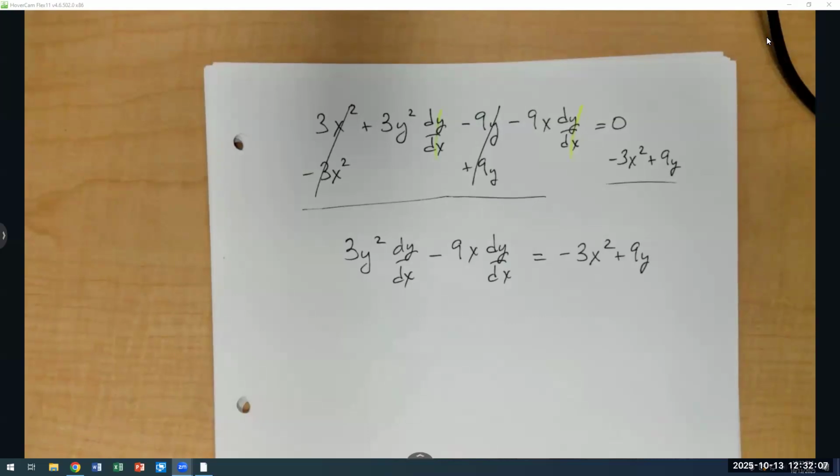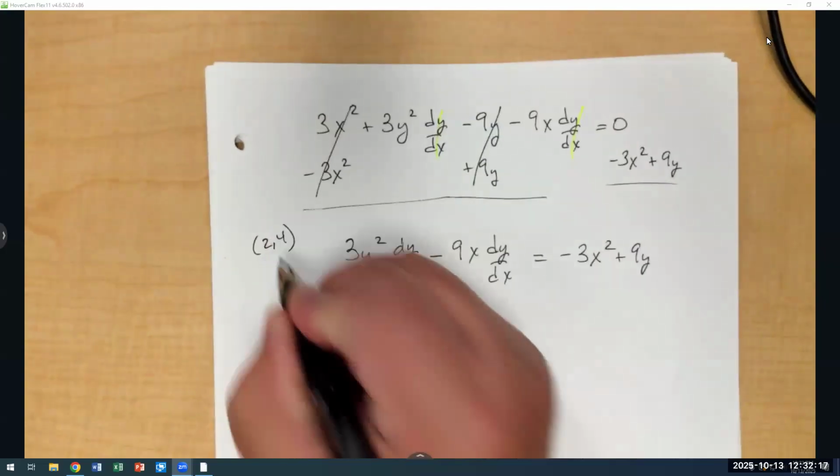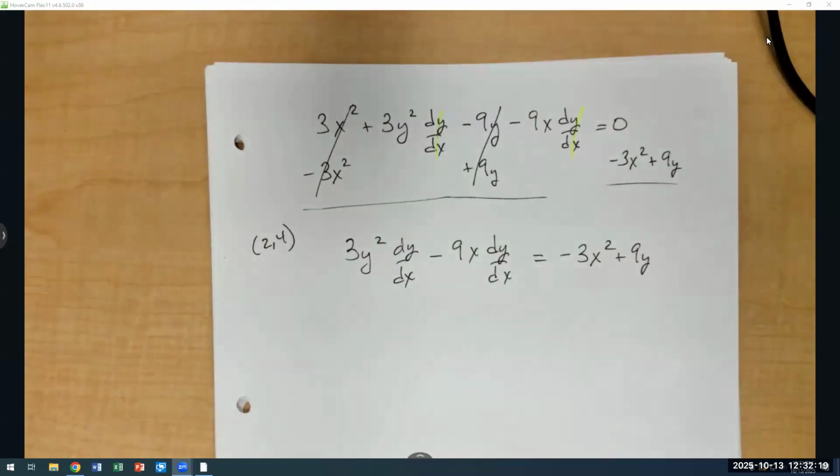If this is too much for you, we can, even at the beginning, plug in 2, 4 into our equation and solve for dy/dx, if you don't want to look for an equation of the line. So let's go ahead and plug those in there.